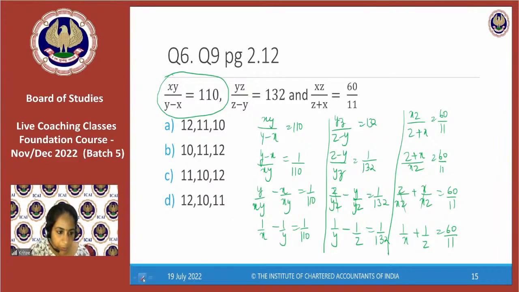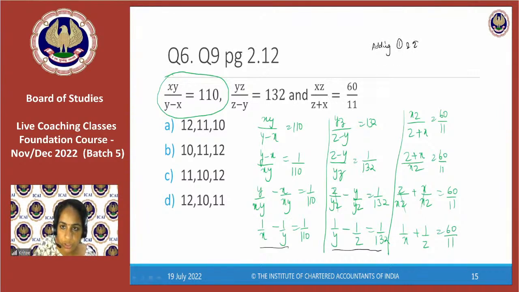I know you people have already substituted the value and got the answer, but my duty is to teach you even how to solve it. Okay. So this is minus 1 by y and this is plus 1 by y. I will do adding 1 and 2. When I'm adding 1 and 2, minus 1 by y and plus 1 by y cancels out.